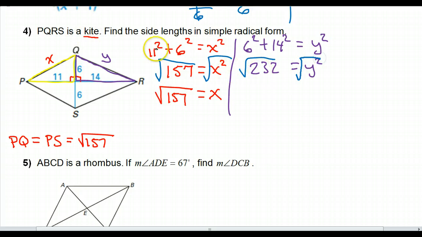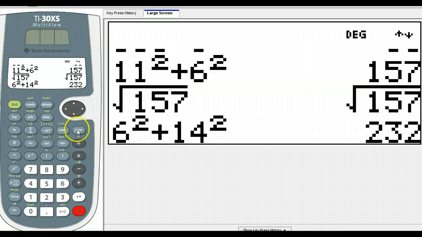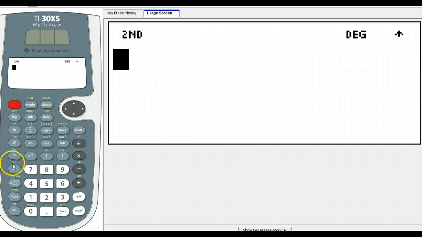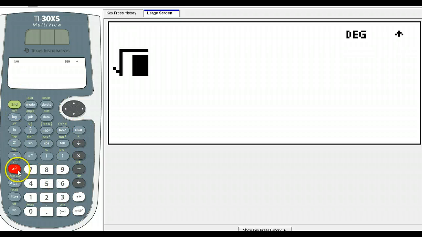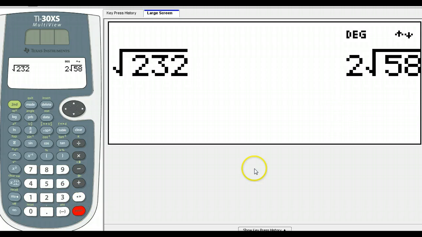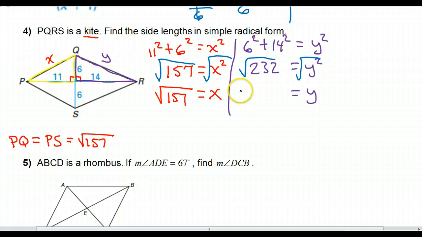So that's going to give me y equals the square root of 232, which is 2 radical 58.